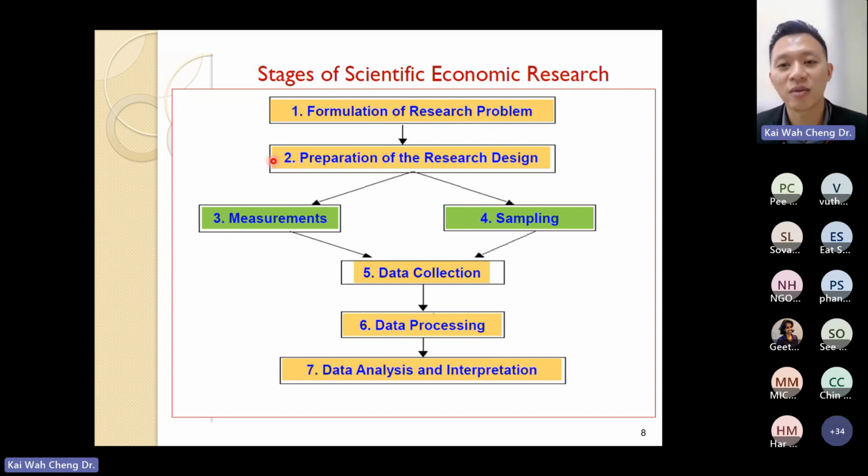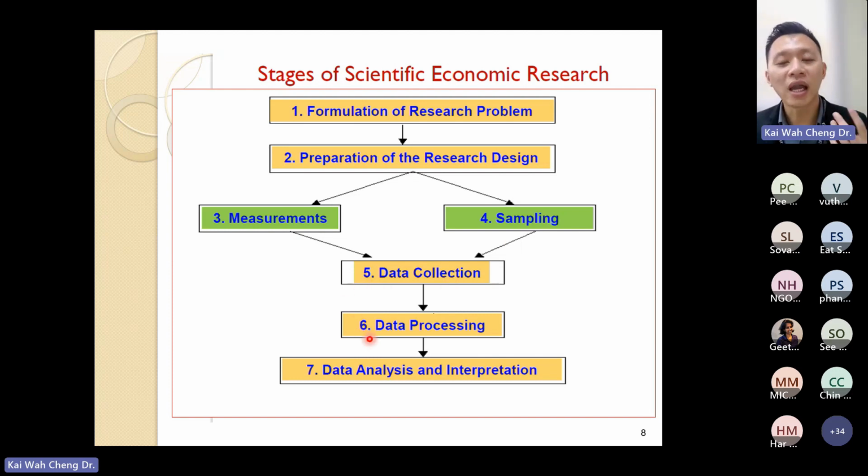And we have step number two. We need to know the correct way to plan your research flow. Later on, I will explain how to prepare the measurement table, how to calculate the sample size and sampling technique, and what the methods to collect data are.